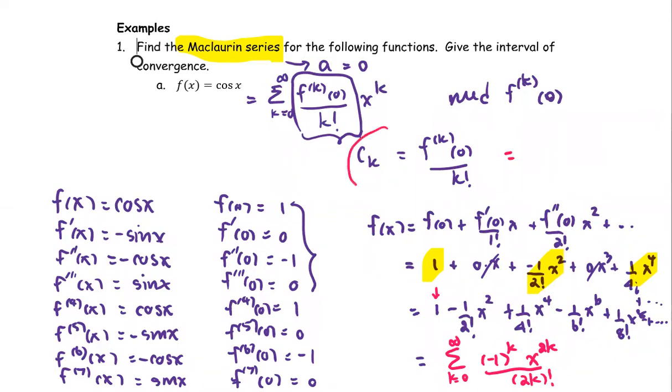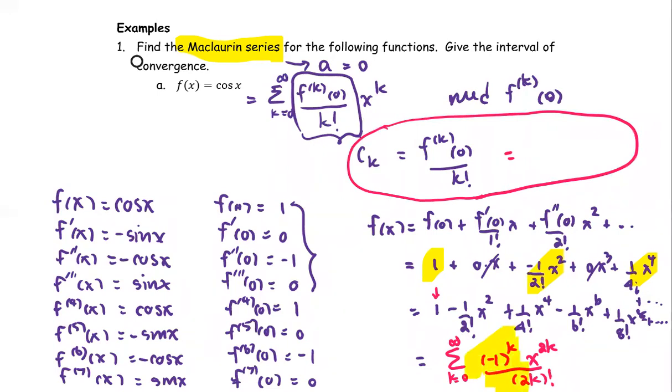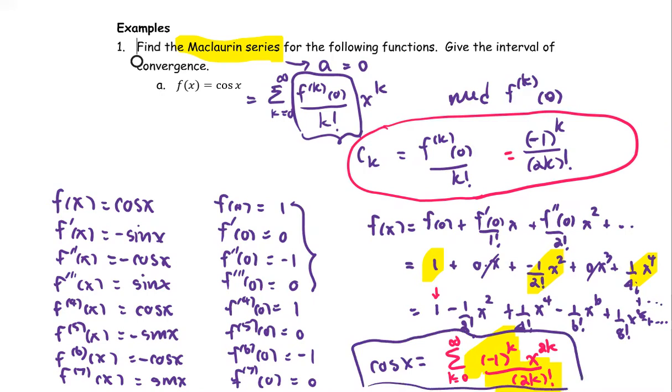So if we look for the general term for the coefficient, it is negative 1 to the power k divided by 2k factorial. Now we have the power series representing the function cosine x as the Maclaurin series, or the Taylor series where a equals 0.